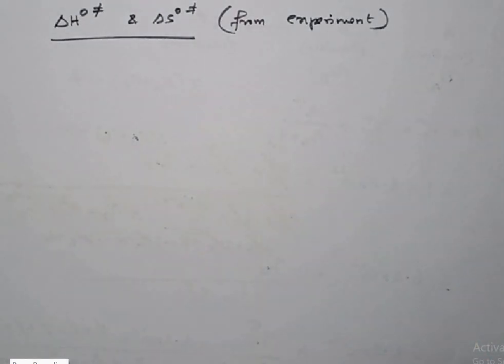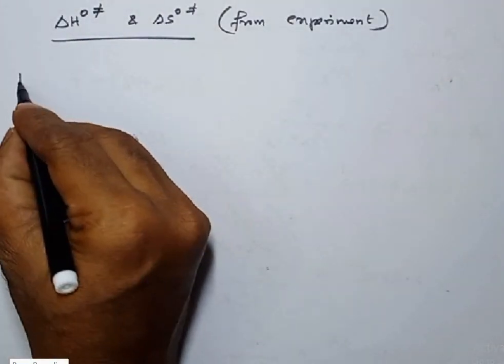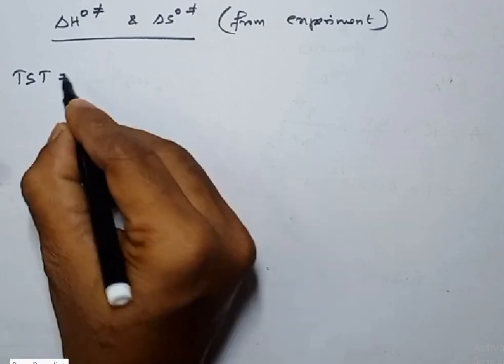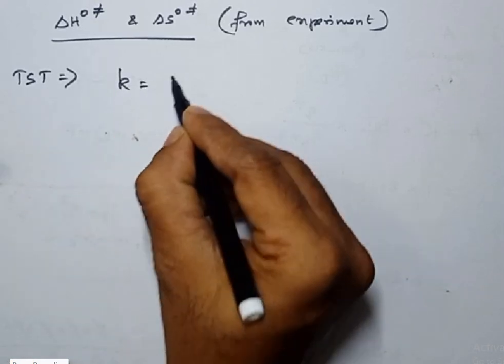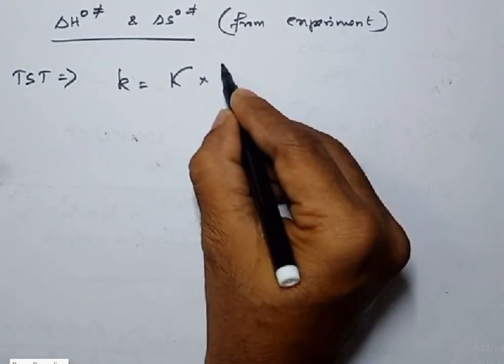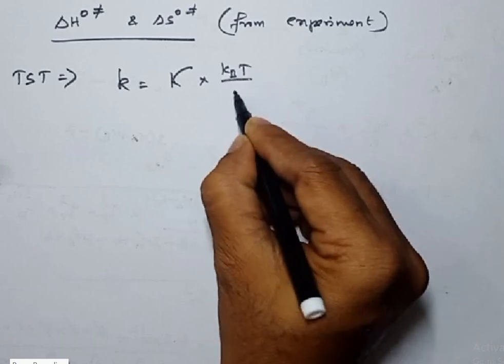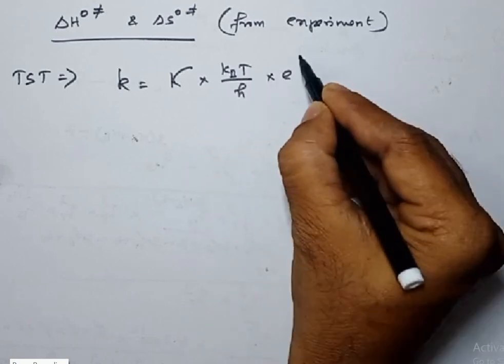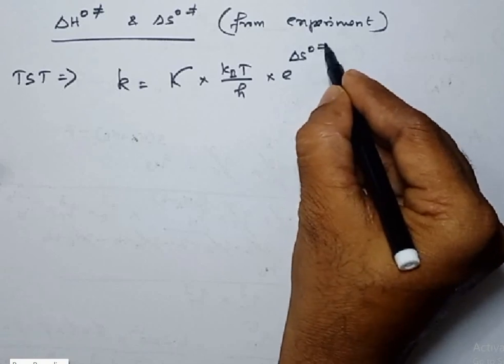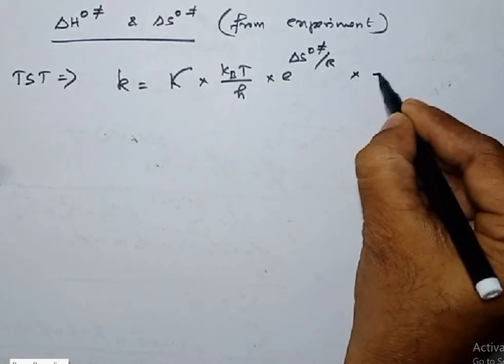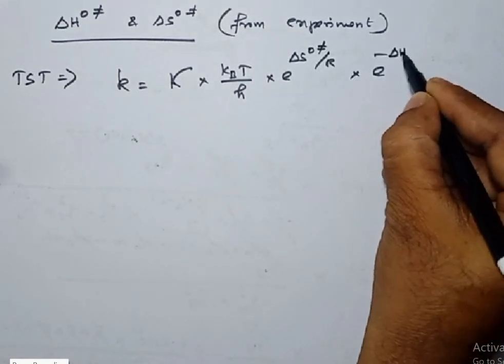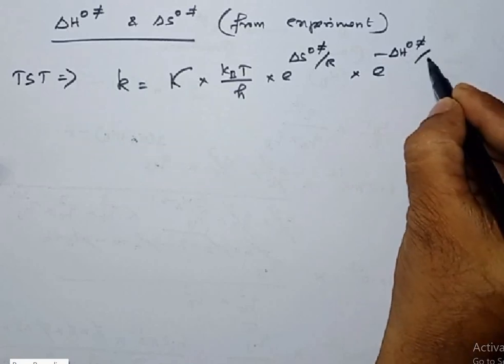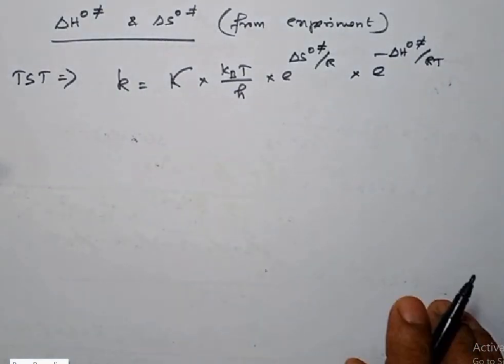Listen, you know very well, according to transition state theory, rate constant k is equal to kappa into kB T by h into e power delta S naught double dagger by R into e power minus delta H naught double dagger by RT. This we know.